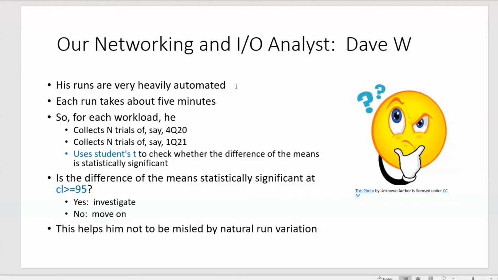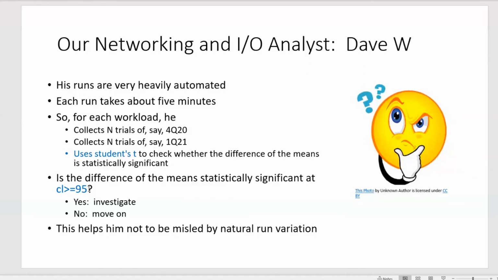Networking is one of the places where there's the most fluctuation. So what he does is he collects a number of trials of each one. In this case, he did, say, n trials of the 4Q20 stack and then n of the first quarter stack. And then he uses Student's t to check whether the difference of the means is statistically significant. He's looking for a 95% confidence level, which is about the level you would use to figure out whether the vaccination worked, right?